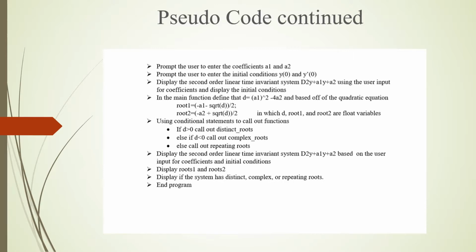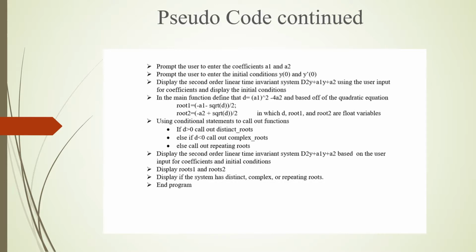From there, we will be using conditional statements to call out our functions. If d is greater than 0, we will call out the distinct roots function. Else if d is less than 0, we'll call out the complex roots. And then an else to say if it's neither one of those, then it's going to be repeating roots.